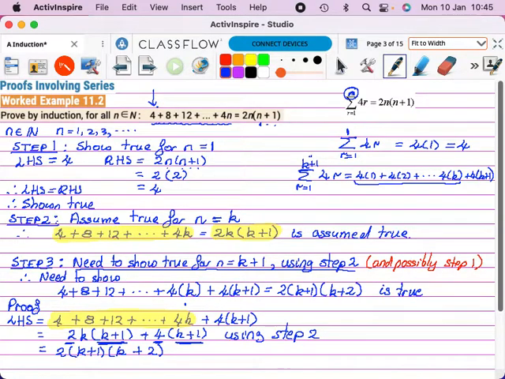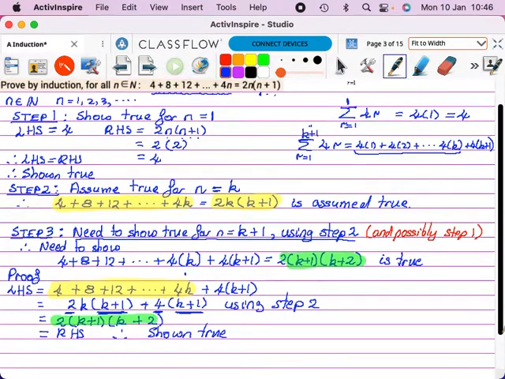Well that's handy, because what's it equal to? Well, it's actually equal to the right-hand side. So I can now write down that this is equal to the right-hand side, therefore shown true. So step 3 is now complete.